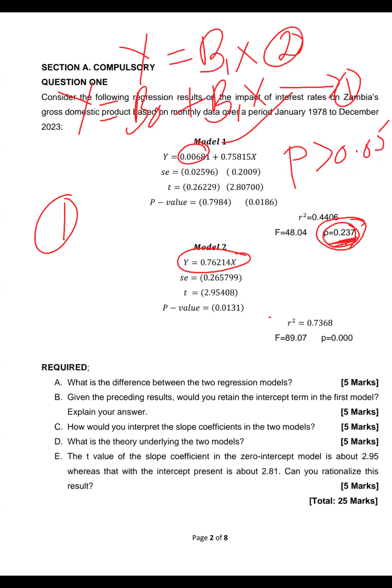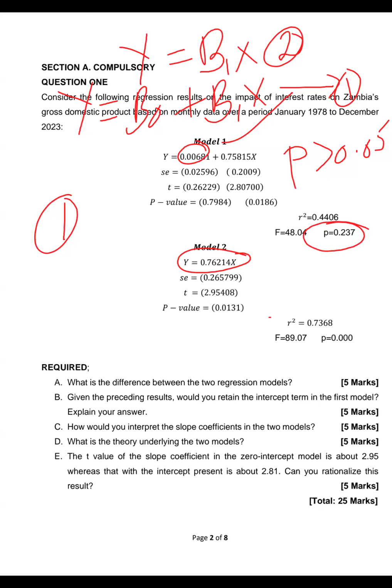You got it? This p-value is the one that you use to measure the model.